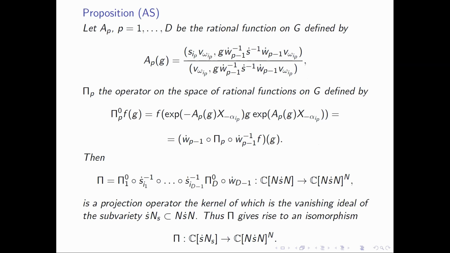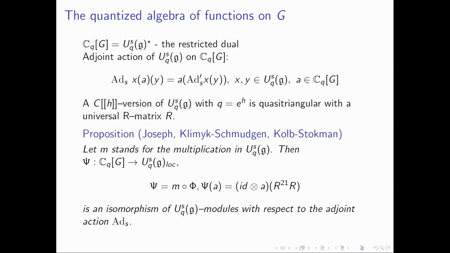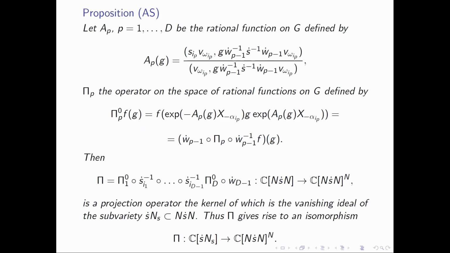All right, so now I have these explicit formulas for the projection operators phi p and for the projection operator phi. So now I'm going to describe a quantum analog of these formulas. For this purpose, I need another object.